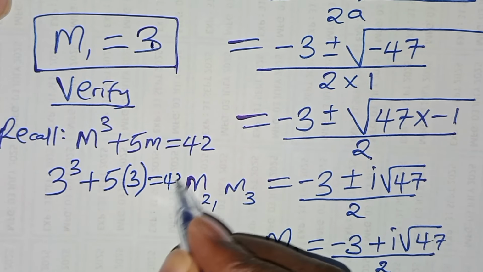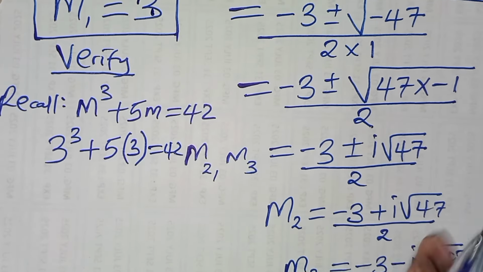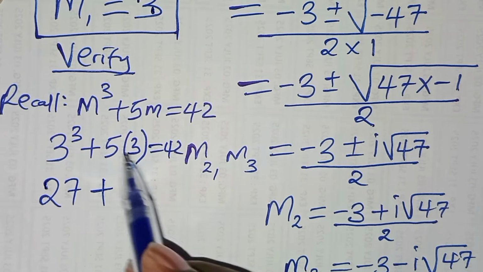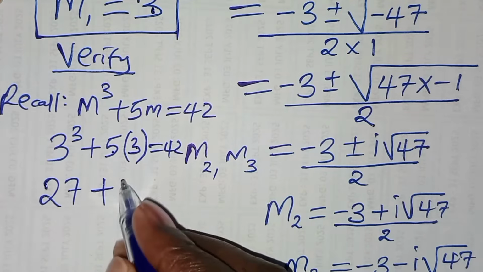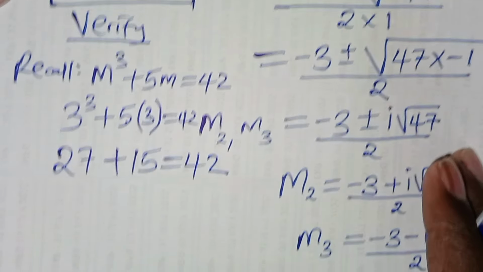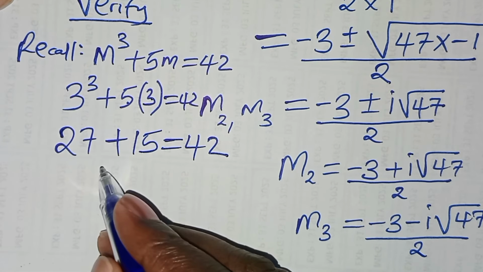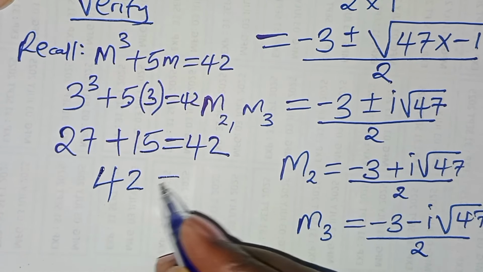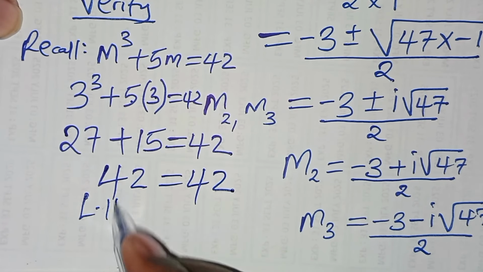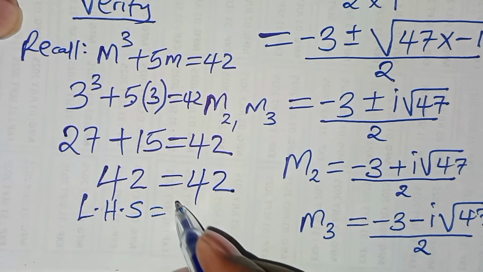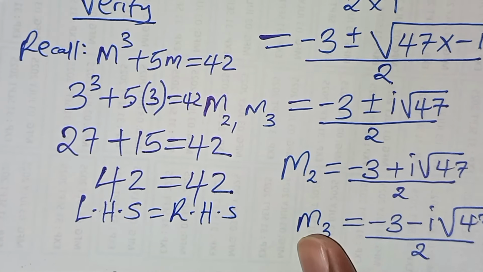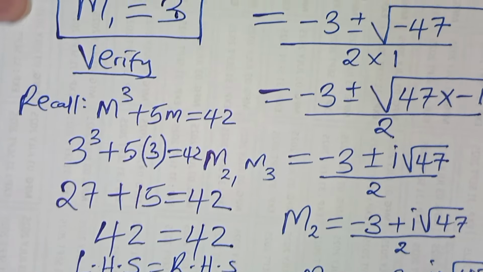This should give us a value of 42. And therefore, 3 to the power 3 is 27, plus 5 times 3, which is 15. This should give us a value of 42. And it's true that 27 plus 15 is 42, which is equal to 42. And that implies that the left-hand side is equal to the right-hand side, and that satisfies the condition.